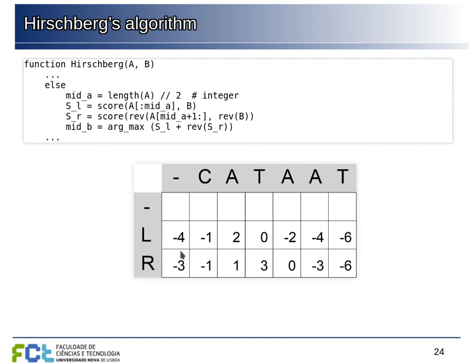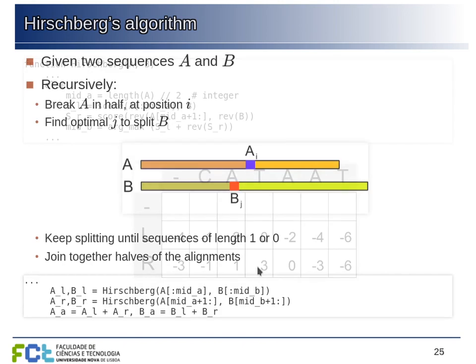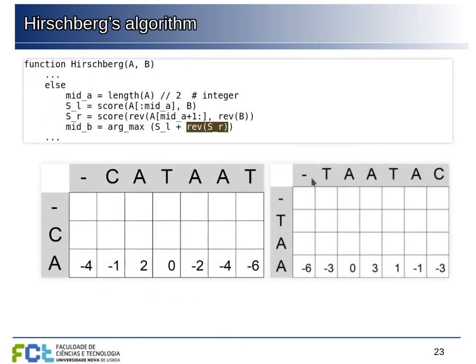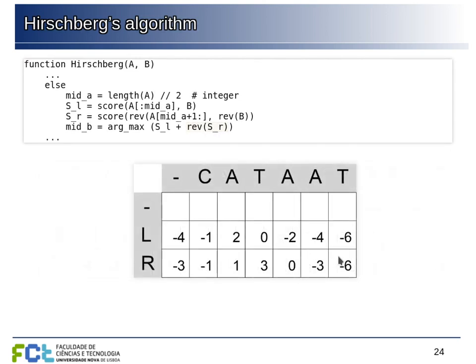So what this means is that at this point here, I am looking at the score of aligning the left side with CA and the right side with TAAT here, because we are coming from the other side on the reverse. And in addition to that, when we reverse, we have this gap here on the beginning. So actually, when we reverse back, this one would be aligned with the gap.